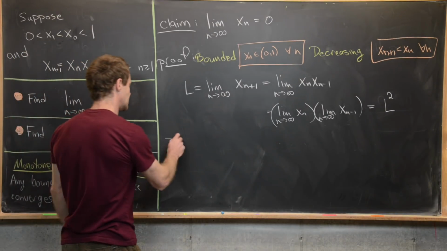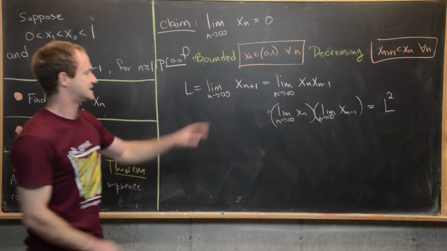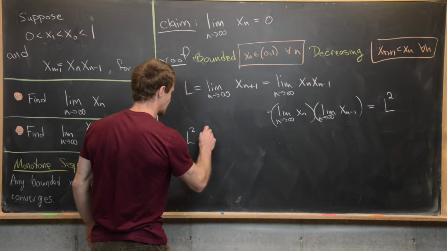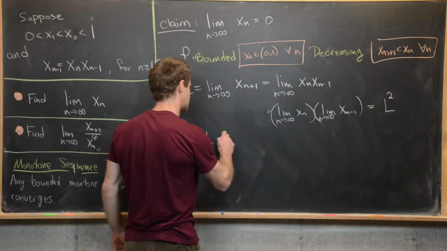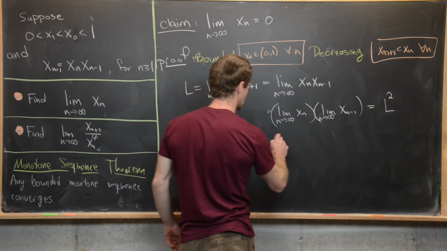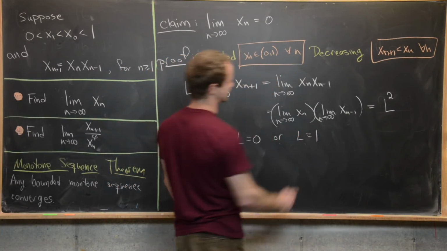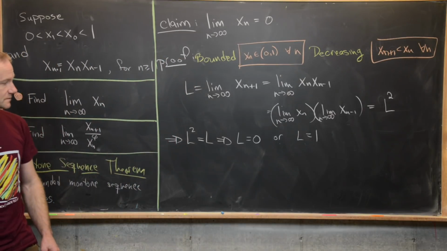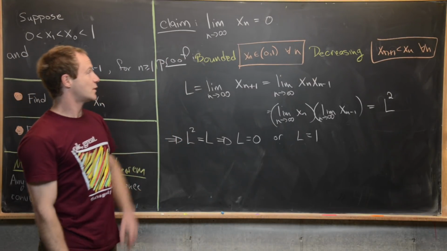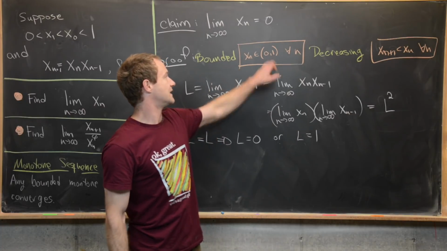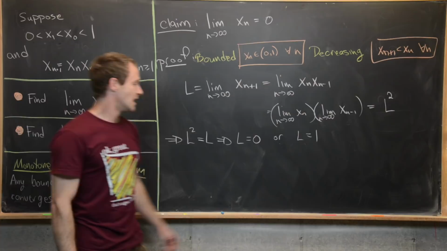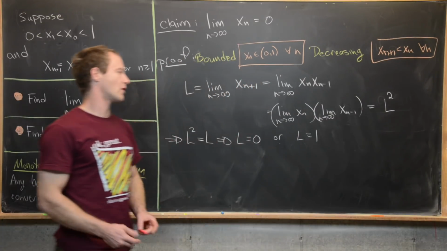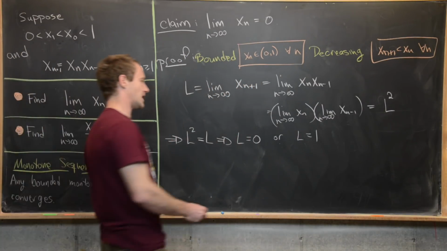Okay, good. Now what we want to notice is that we've got this equation, L squared equals L, which has two obvious solutions, L equals 0 or L equals 1. But since we are bounded on the interval 0 to 1 and we are decreasing, we can immediately throw away the L equals 1 possibility.